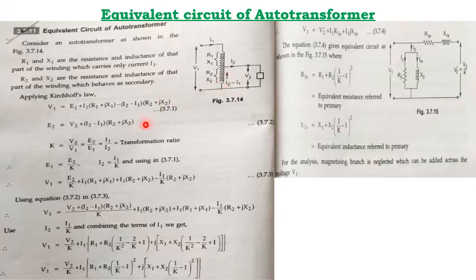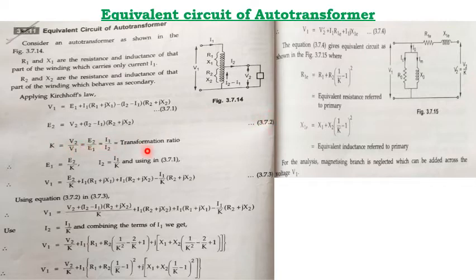Now call these two equations. This is one equation and this is one more equation, which I considered from the auto transformer textbook. This equation is represented as 3.7.1 and this is represented as 3.7.2.